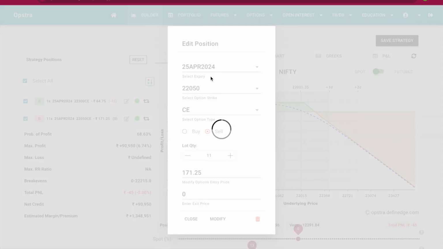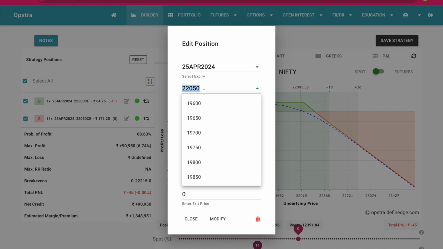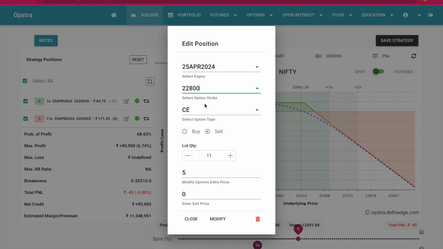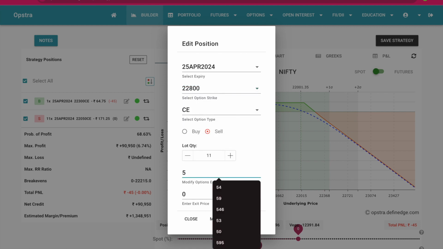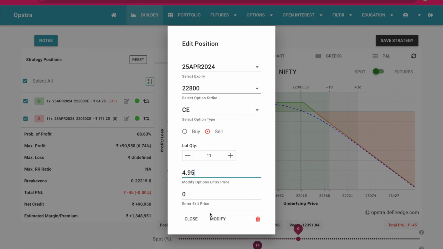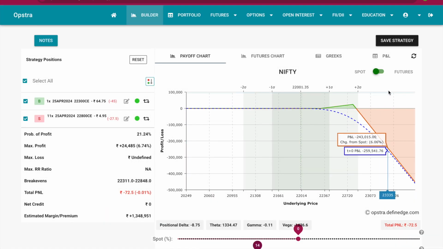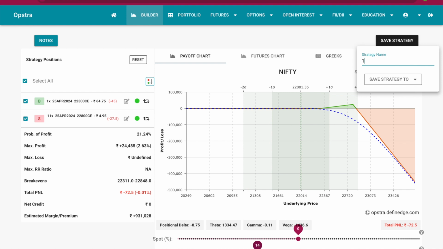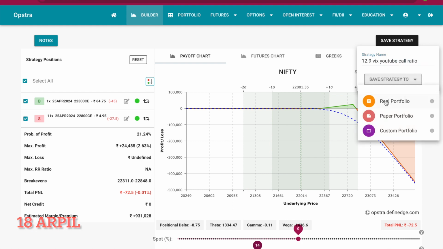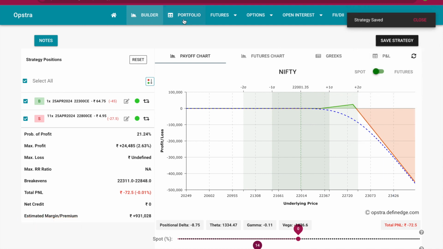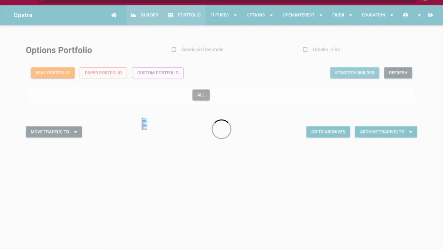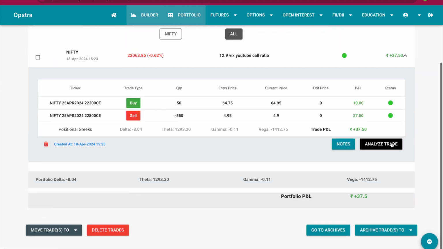And here if we go and check this, 22,800 and this is CE, we sell 4.95 and we modify this and this is 12.9 VIX. YouTube strategy. Okay, this is the call ratio. Let's save this. I'll tell you the adjustments I will make.